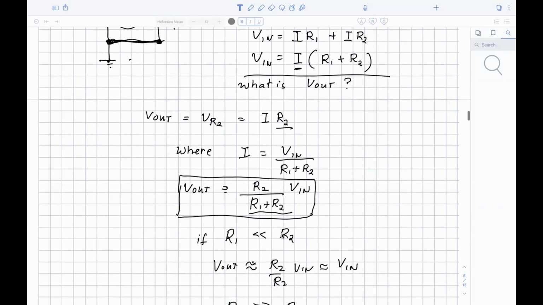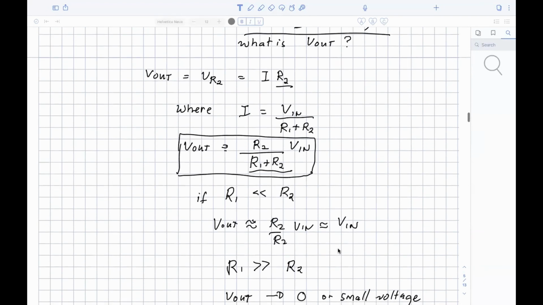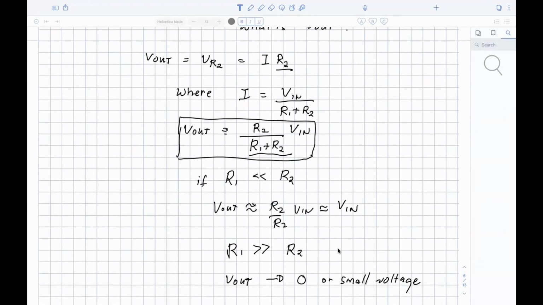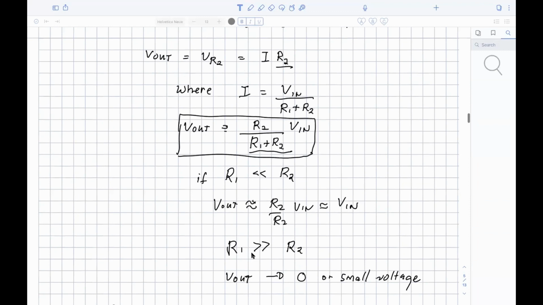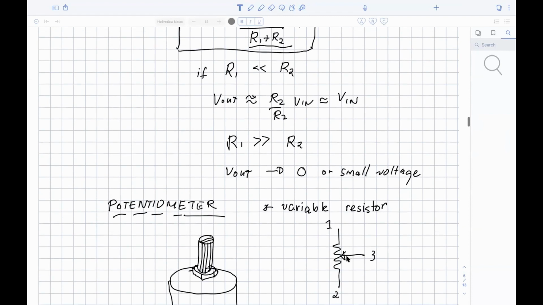Now observe, if R1 is very small, much less than R2, then V out is approximately equal to V in. If R1, on the other hand, is very much greater than R2, then V out approaches zero, or it's a small voltage.